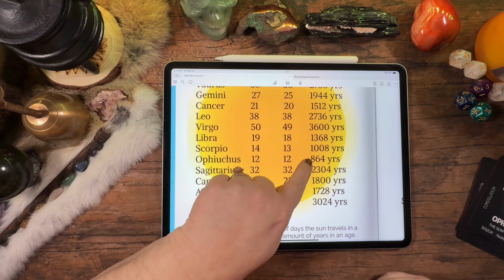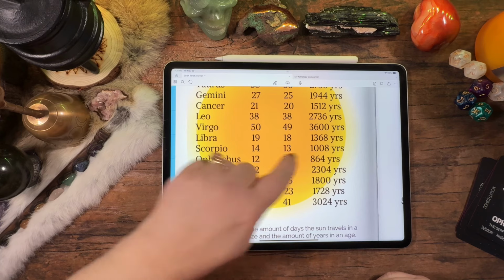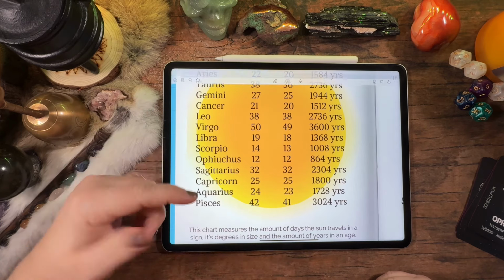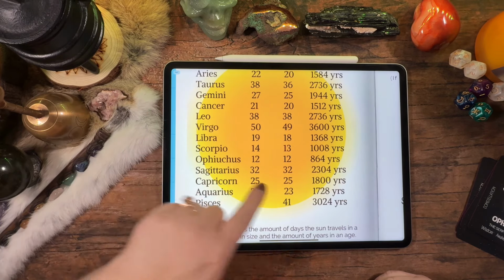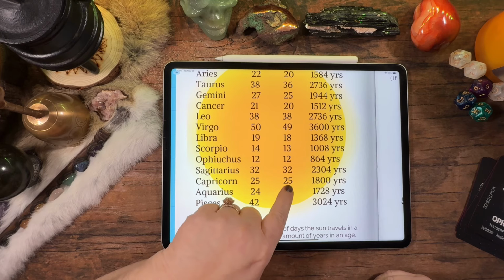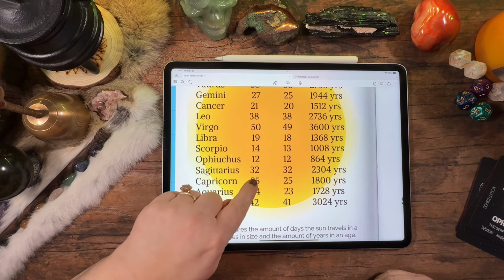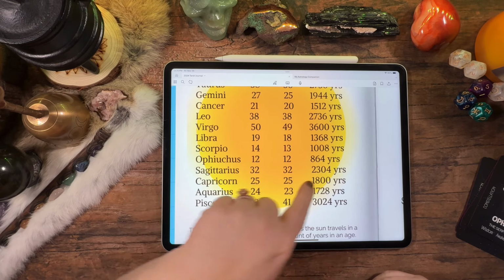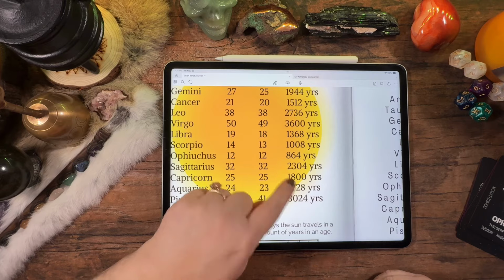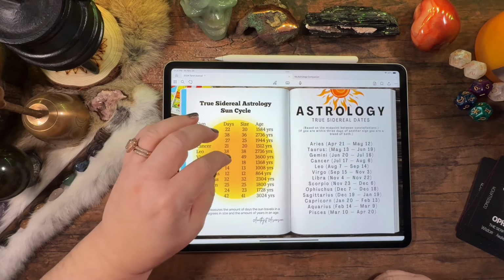And an age of Ophiuchus would be roughly 864 years. So now we're going on to Sagittarius. Sagittarius is roughly 32 degrees in size, so the sun travels in Sagittarius roughly every year for 32 days. And an age is roughly 2,304 years.